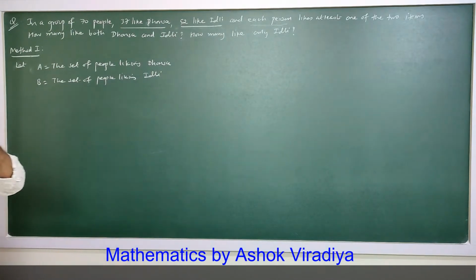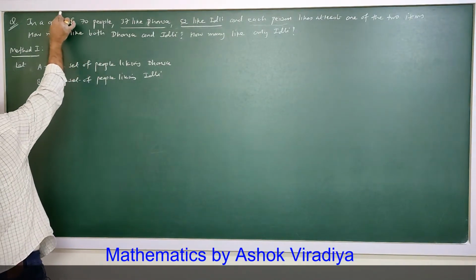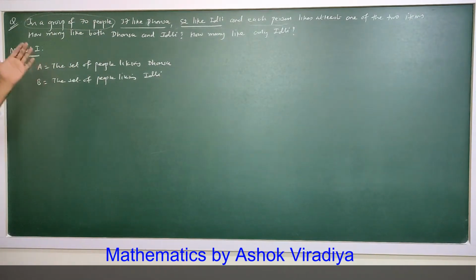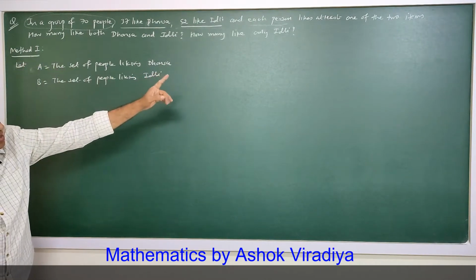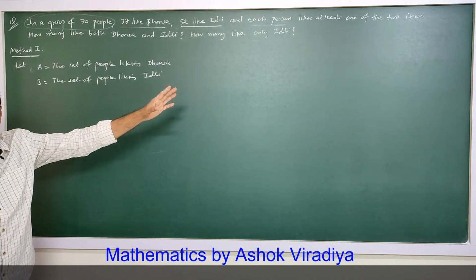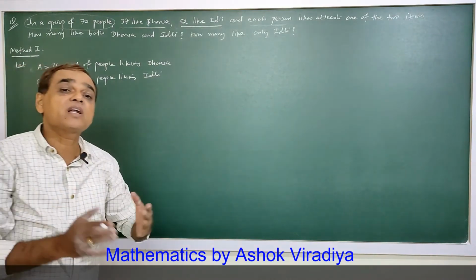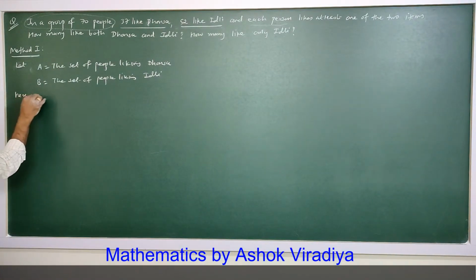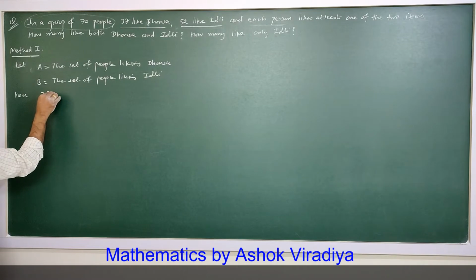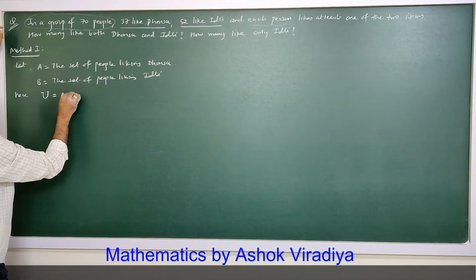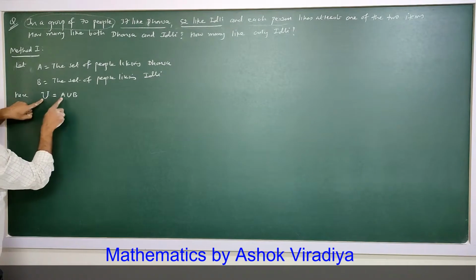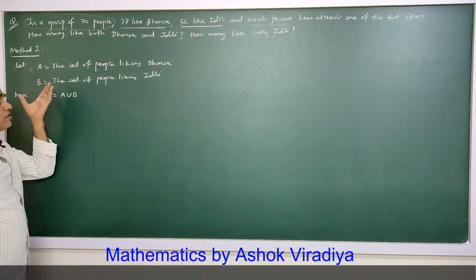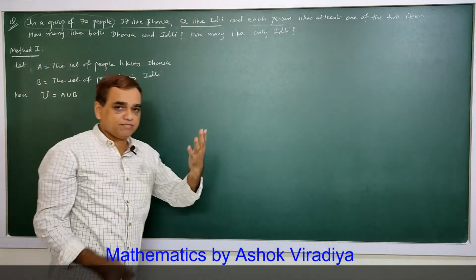A survey has been done on 70 people and each person likes at least one item. There is no one who doesn't like anything. So in this problem, whatever the universal set is, the same is A union B, because each one likes at least one item. So here the universal set is A union B.